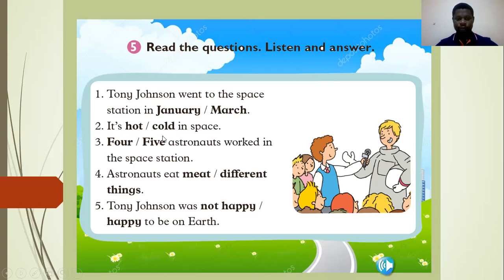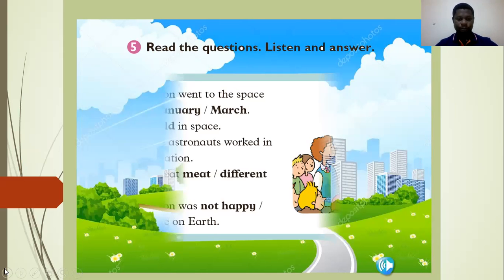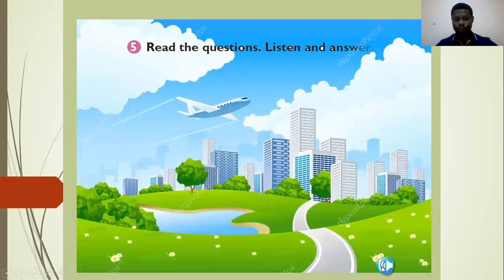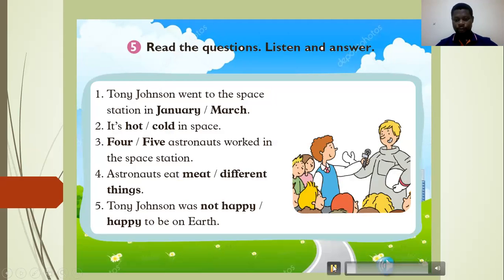Good morning, Mr. Johnson. Please tell us about your job. Well, I went by rocket to the space station. I lived there from March till May. Was it cold there? It was always cold in space. There were 4 astronauts in the space station. We worked a lot, but we had fun too.